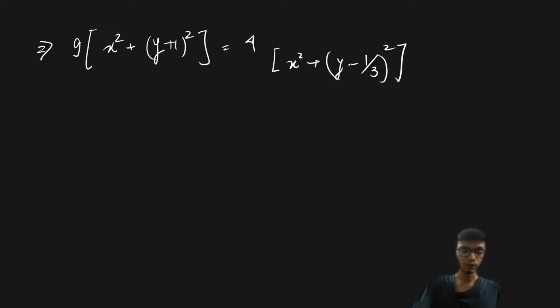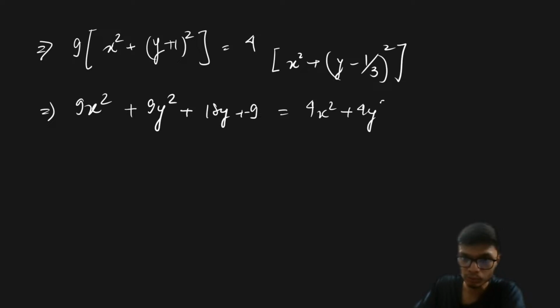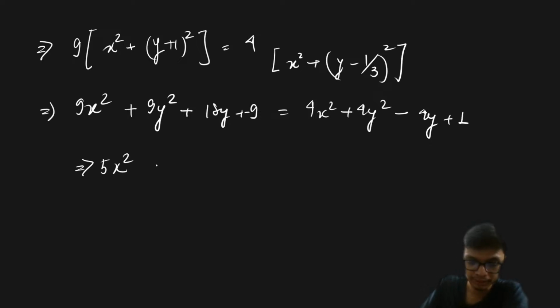Now if I expand it, I have 9x square plus 9y square plus 18y plus 9 equals 4x square plus 4y square minus 4y plus 1, right? Which I can simplify as 5x square plus 5y square plus 22y plus 8 equals 0, right?